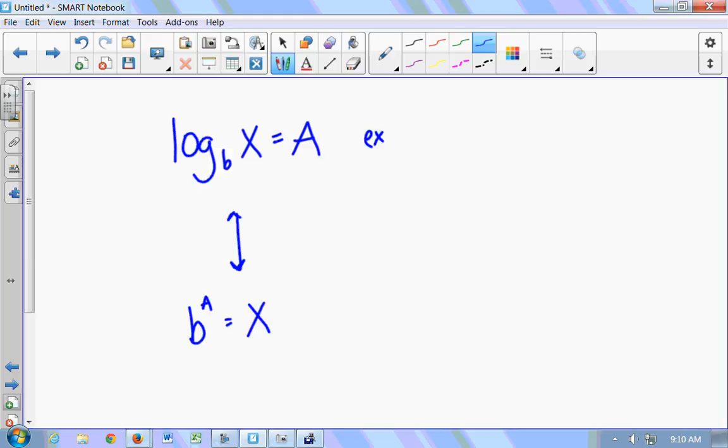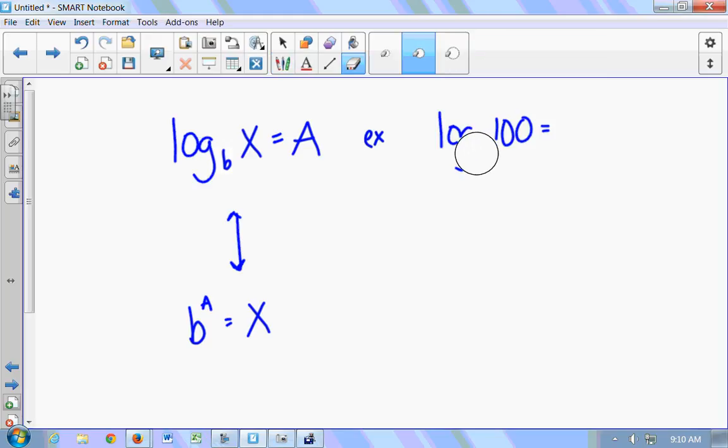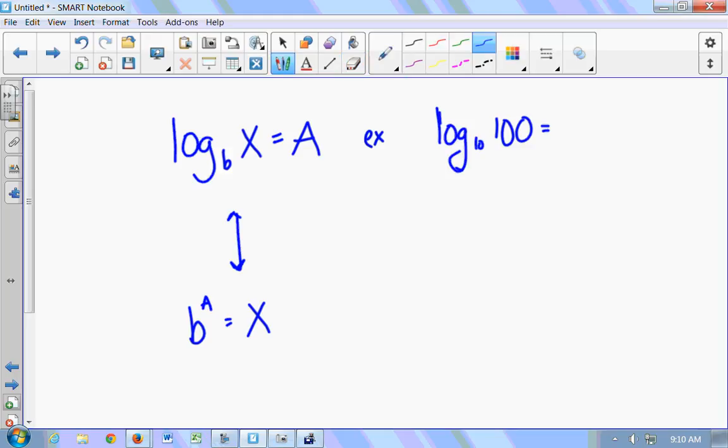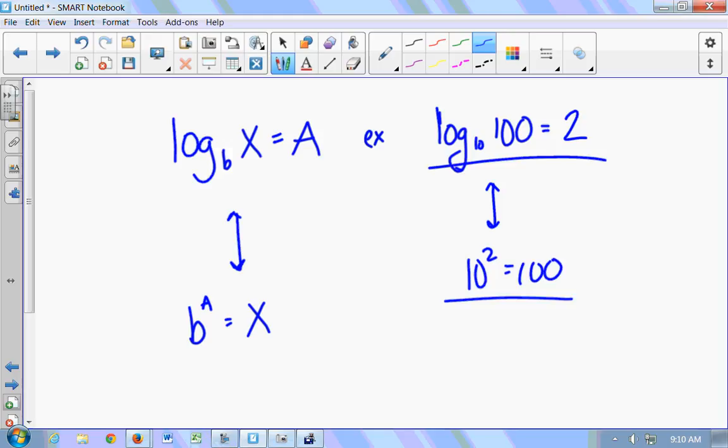For example, log base 10 of 100 equals 2, right? That's because 10 to the 2 equals 100. Right? So these two say the same thing. Same information said in a slightly different way, like synonyms.